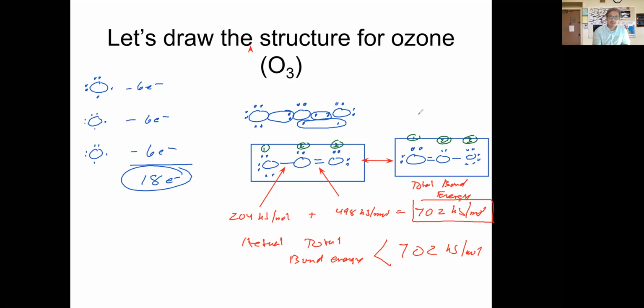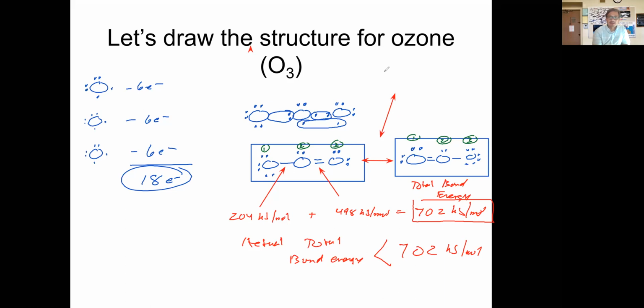The actual structure of ozone lies somewhere in between. So let me draw the structure up here, and the way that we represent that is this.